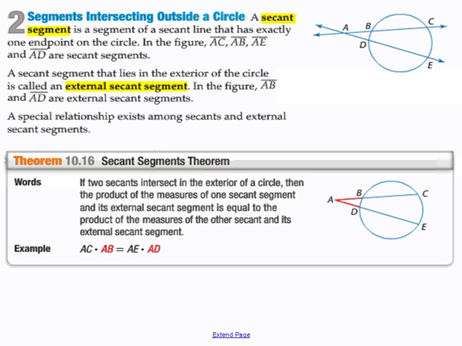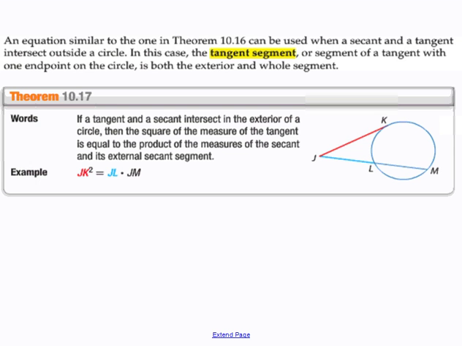If we have secant segments, we have the whole thing times the outside equals the whole thing times the outside. Now we have tangents, so that's saying the tangent segment squared, times itself, is equal to this times the whole thing.